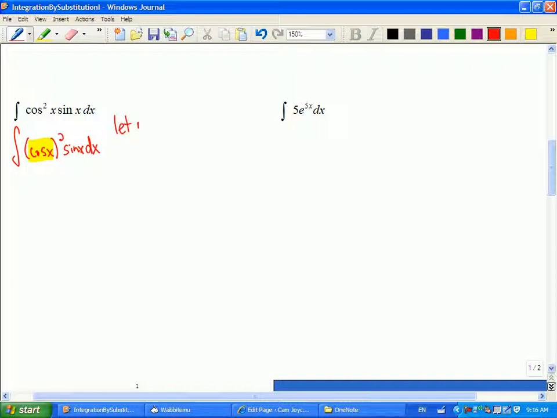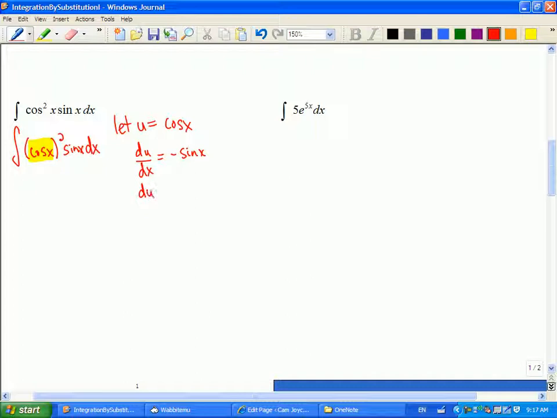So I'm going to say let u equal cosine of x. If that's the one that I choose, then du dx is negative sine x.